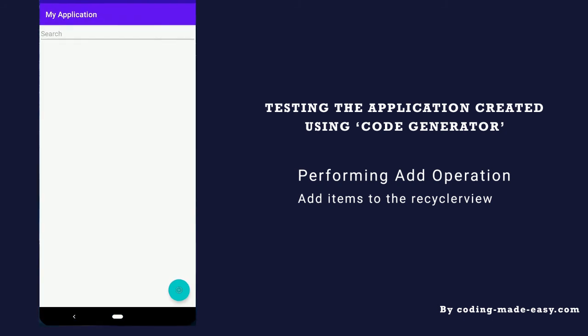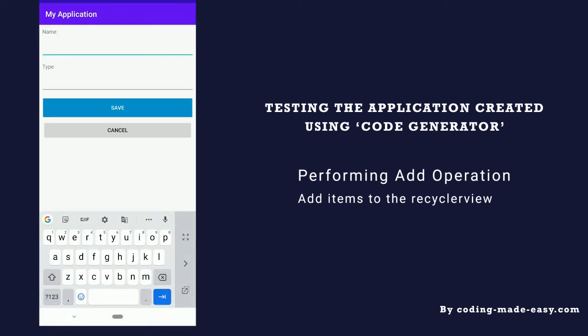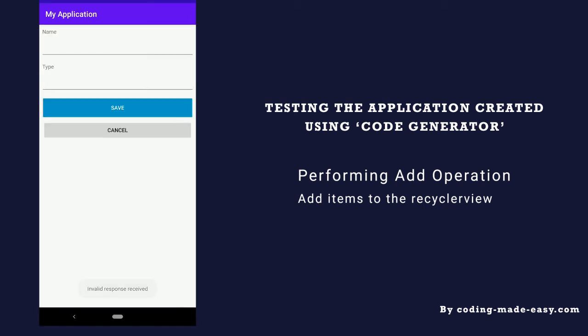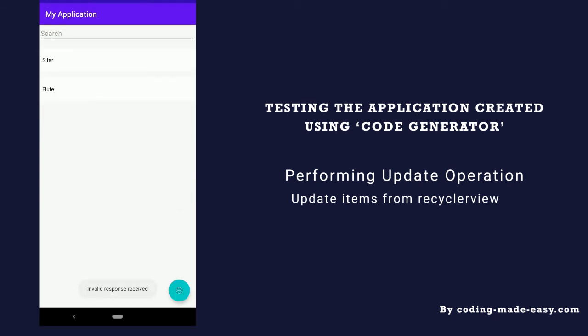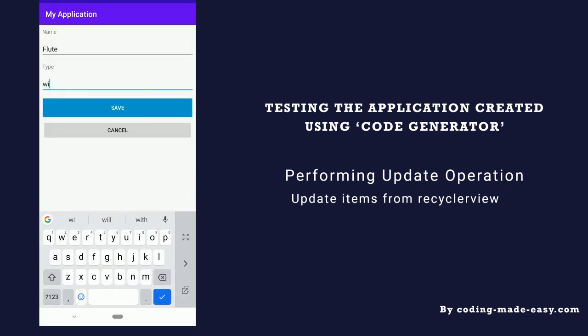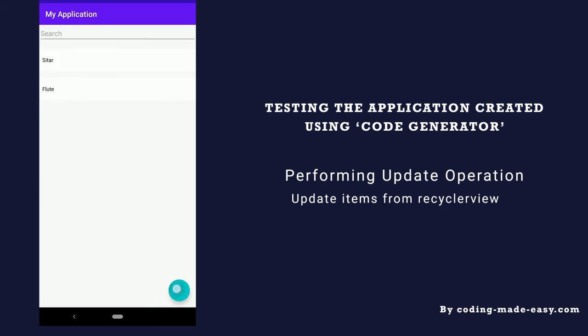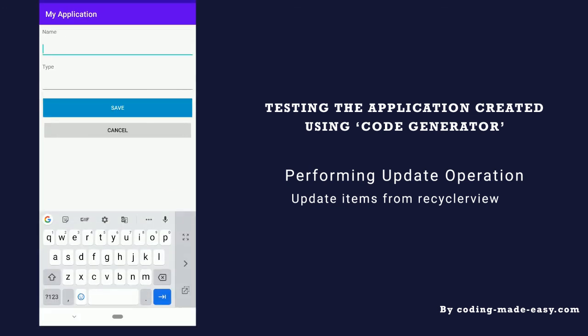Launch the application, add some items, percussion. Let's add another instrument, flute. Okay, update this item, there is a spelling mistake. Okay, so it looks like add and update are working.